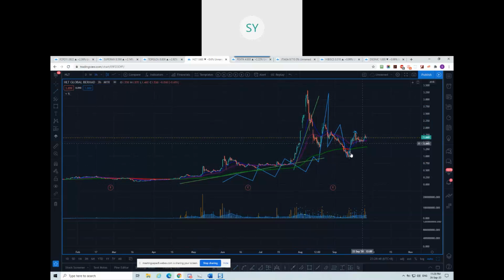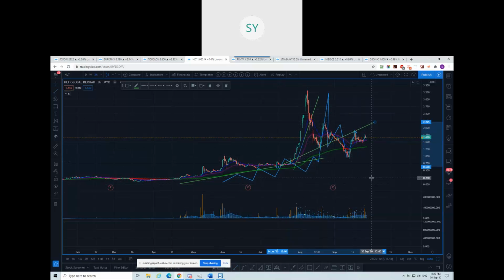Then probably you can draw another one here. This is not so good, because after the price comes down and goes up, it actually makes a first lower low, and then a first lower high, first lower low, first lower high.